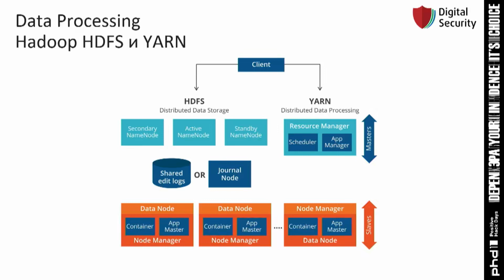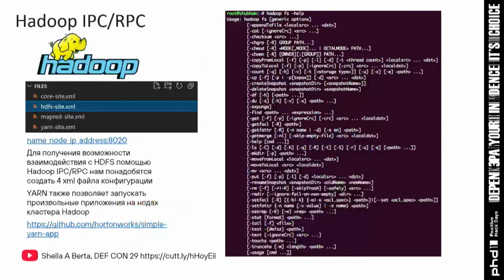Yarn is the engine which processes data. It's also master-slave architecture. We have a resource manager split into a scheduler and app manager, and we have node manager. We have two components there: app master that launches containers. That's how this service works, more or less.